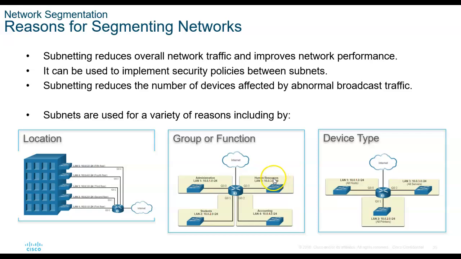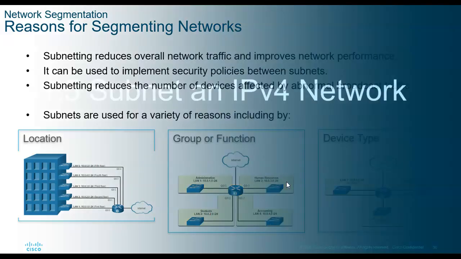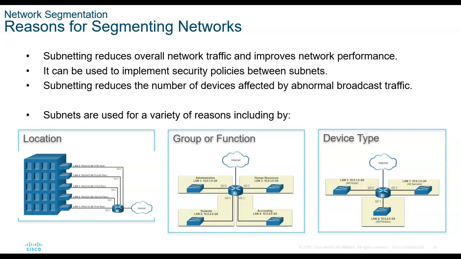This one is department, human resources and accounting, or device type. So we have one LAN that's all of our hosts, one LAN is all printers, and one LAN is all servers. So that you can just have different subnets for different reasons.